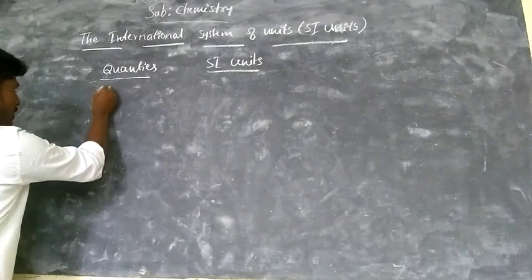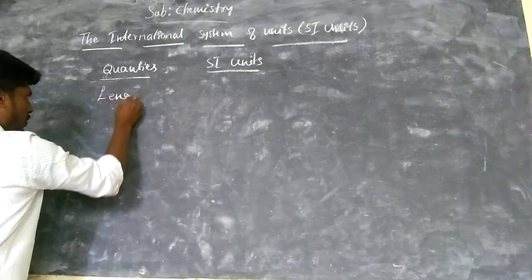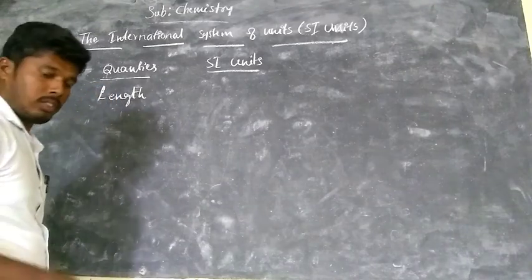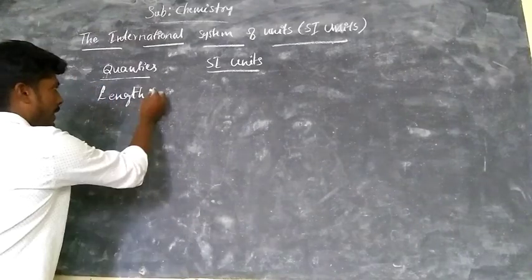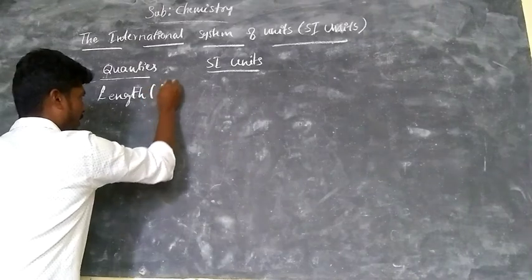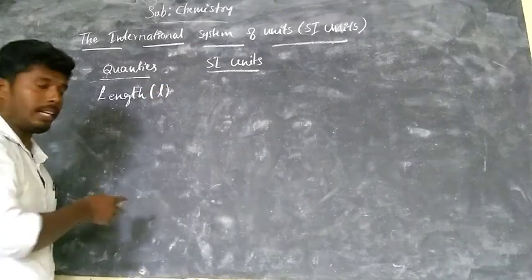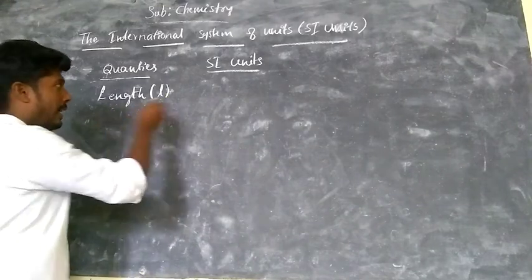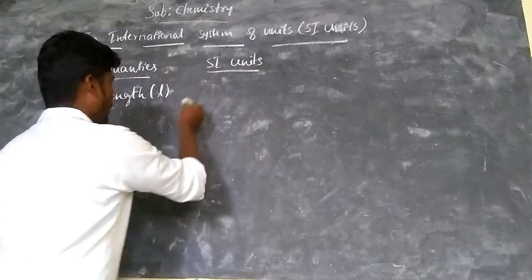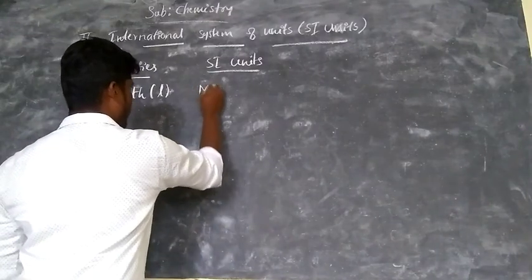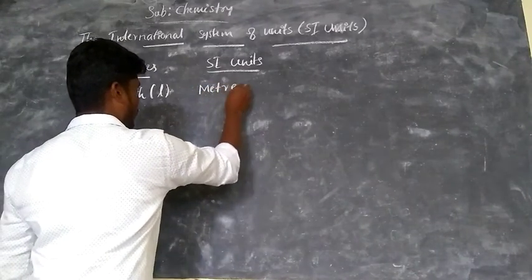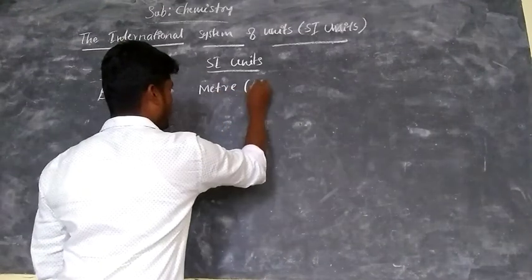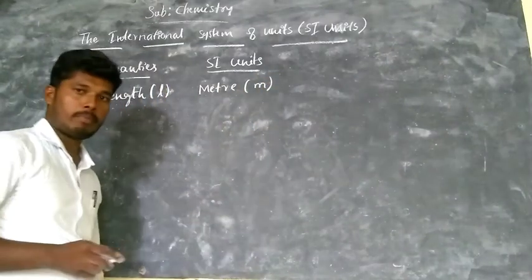Take the first one, length. It is indicated by the symbol L, and it is measured in meters, indicated by small m.